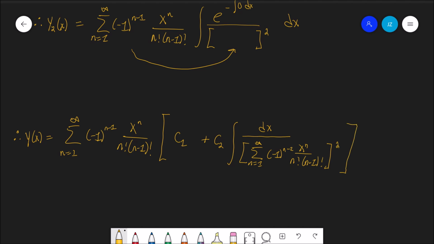And I leave it to you to verify that the interval will be x greater than 0.